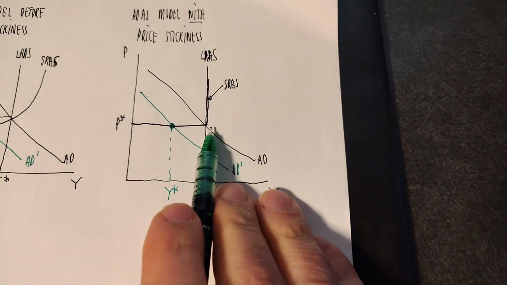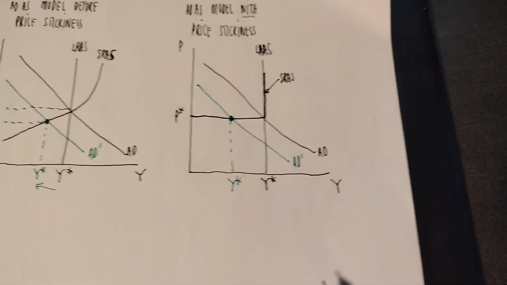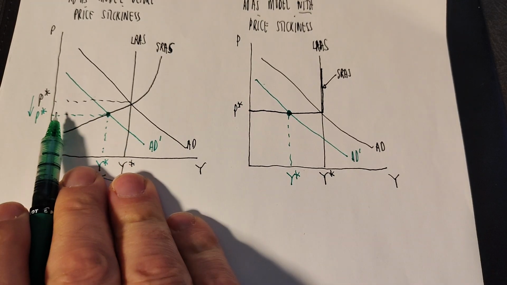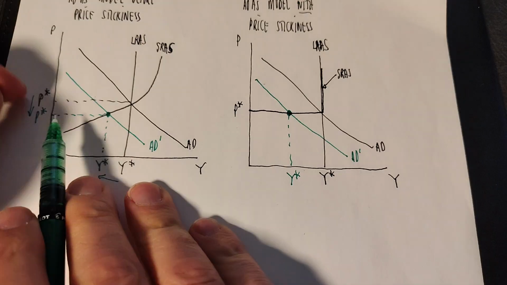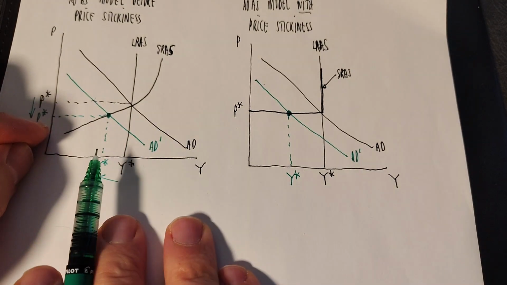I should say, it's not that firms produce less, it's that people aren't decreasing their demand as much, because if prices are falling, people want to buy more things. So you don't get as much of a decrease in output.